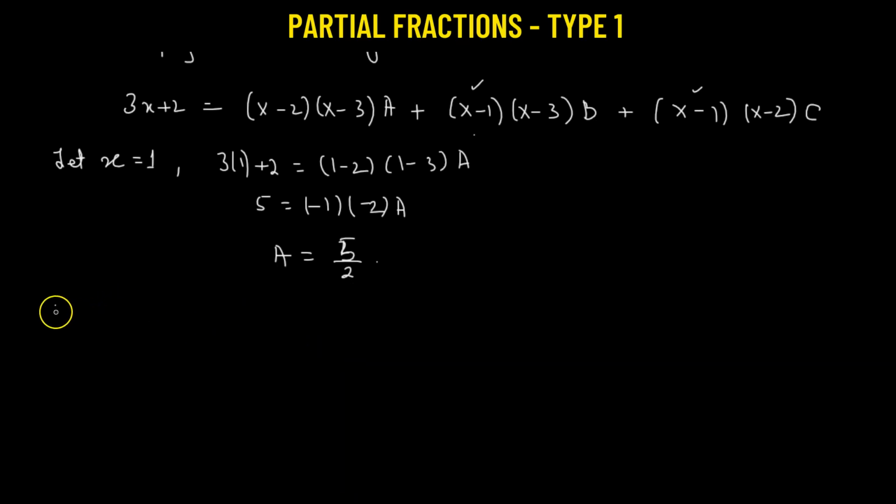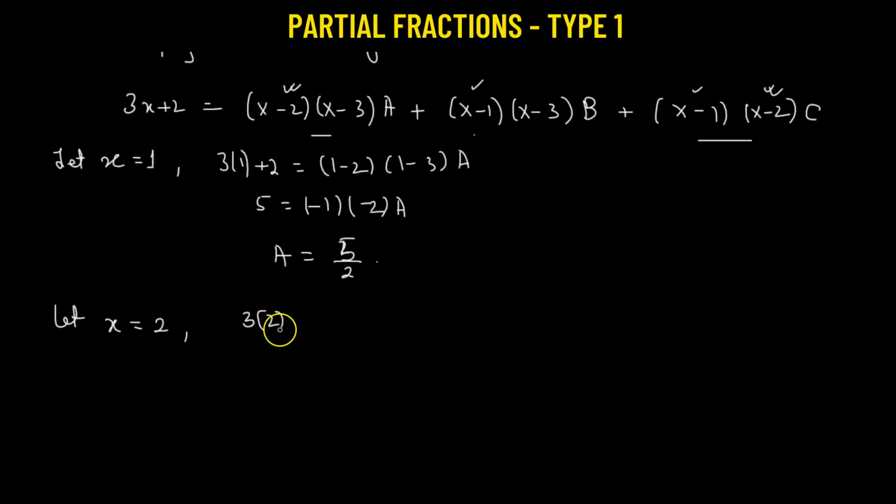Next, we want to obtain the value of B. We have to choose the value of x in such a way that the first term and the third term go to 0. Look for the factor common to both of them. Here, x minus 2 is common to both. If we let x minus 2 equal 0, we have x equals 2. This makes the first and third terms go to 0, so we can easily obtain B. Let's substitute this value into the equation.